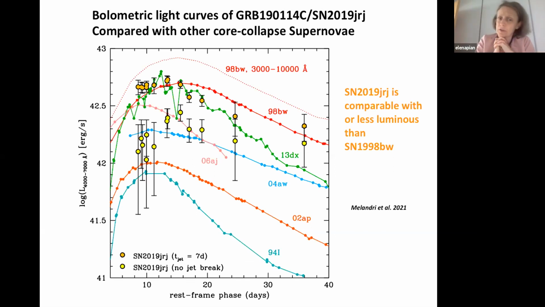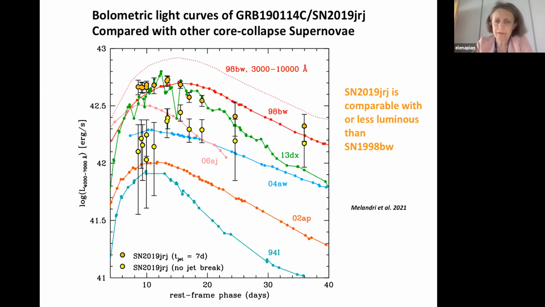In any case, the overall light curve of this object is a little bit uncertain because it depends very much on the afterglow subtraction. So depending on how bright the afterglow we assume to be, you have two boundaries for the bolometric light curve of this object compared with other known gamma ray burst supernovae. It can be as bright as 98bw or less luminous.